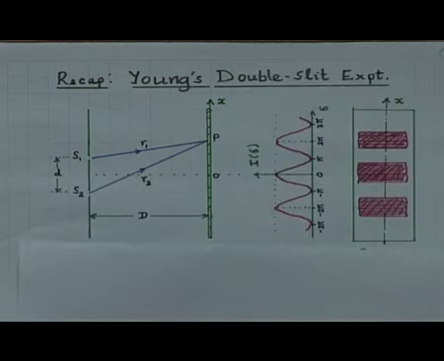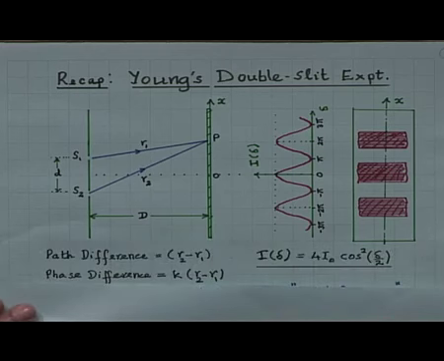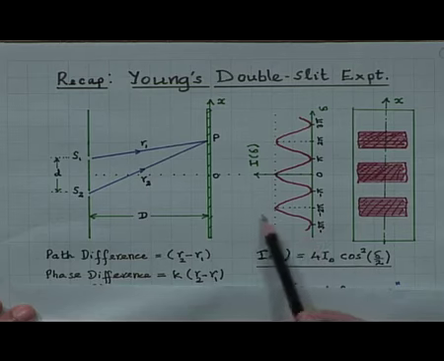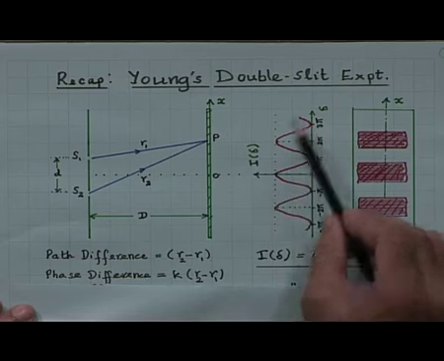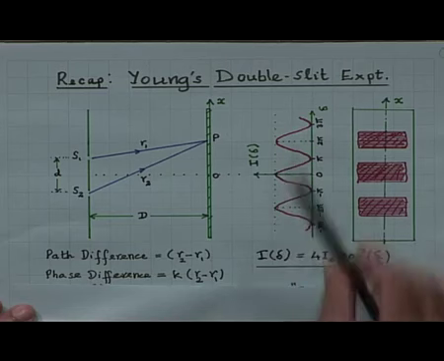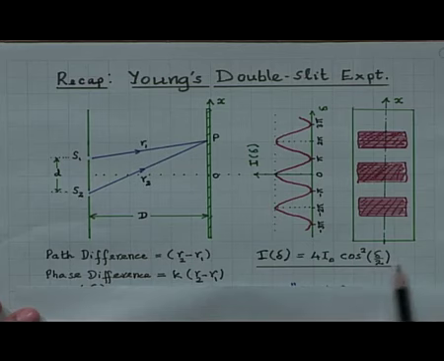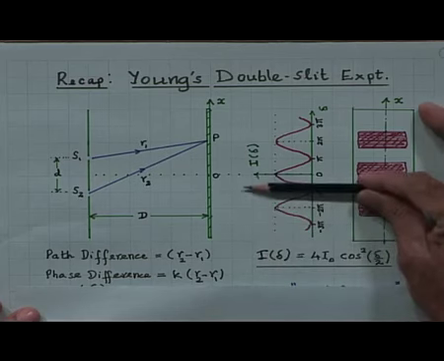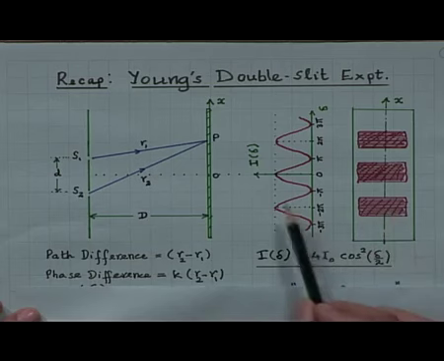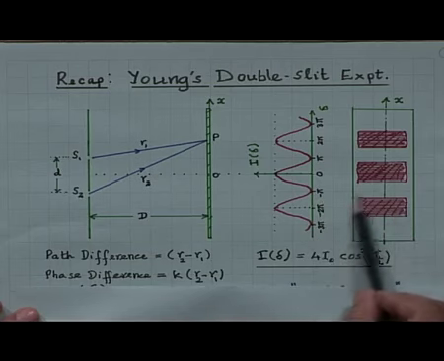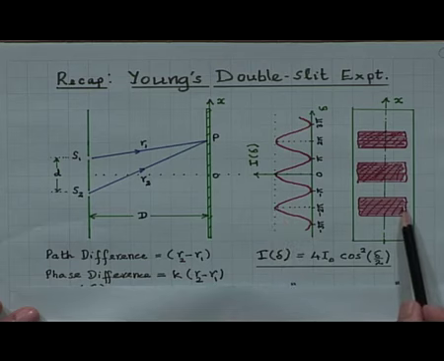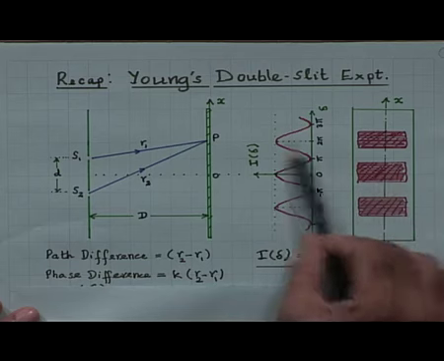And then we have seen that the intensity distribution here is given by I of delta. We have derived this expression, I of delta is equal to 4 I 0 cos square delta by 2, and then it varies like this. If you plot the intensity distribution, it varies sinusoidally like this. Every fringe is of the same intensity as per this expression. According to this expression, we have bright and dark fringes. I have shown the corresponding intensity pattern here: the dark fringe corresponds to this and the bright fringe corresponds to this region, bright, dark, bright.